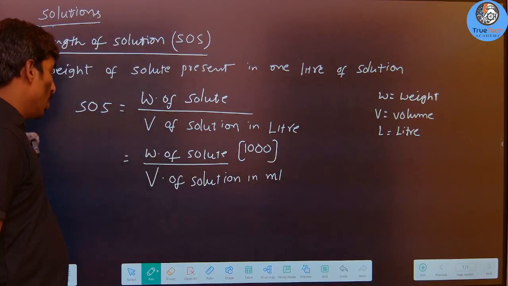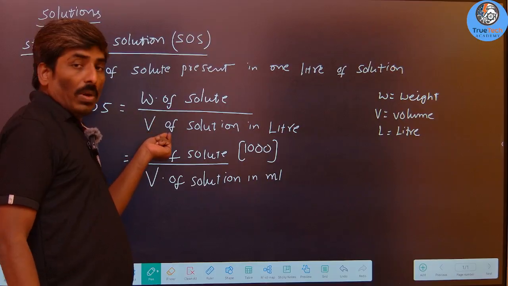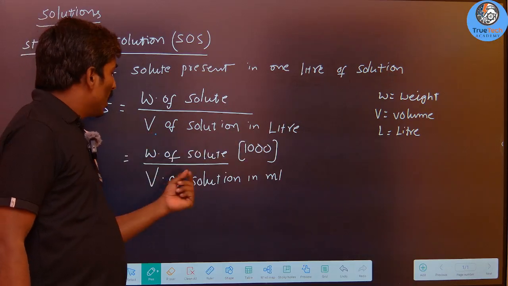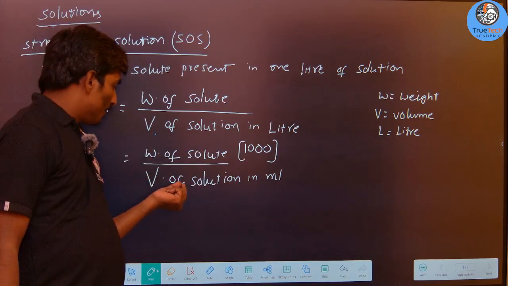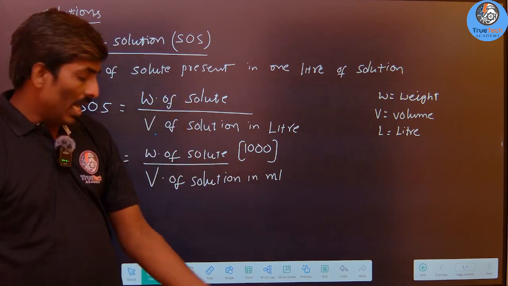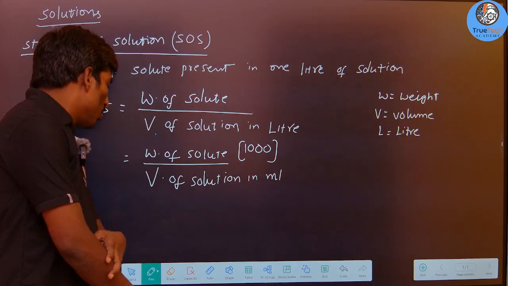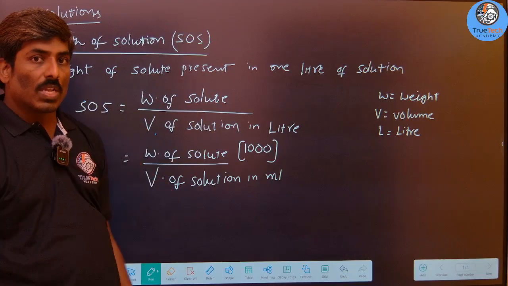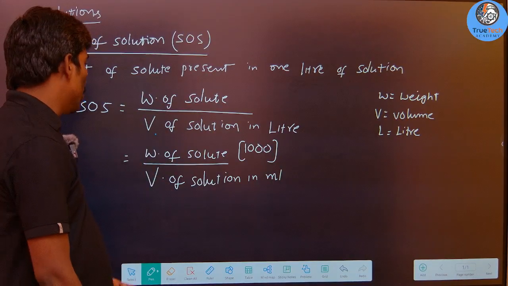So this is also another formula. This formula is used when the given question contains volume in liters. If the given information is volume of solution in ml, simply we can multiply with 1000. So this is how we get the concentration term strength of solution.